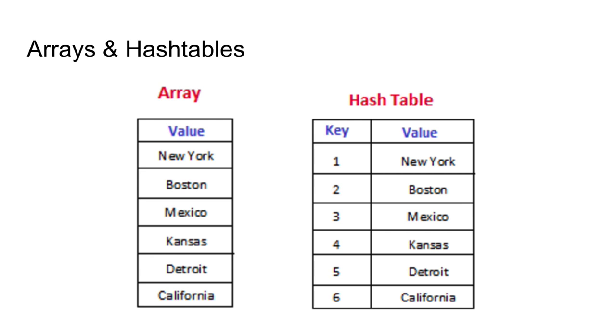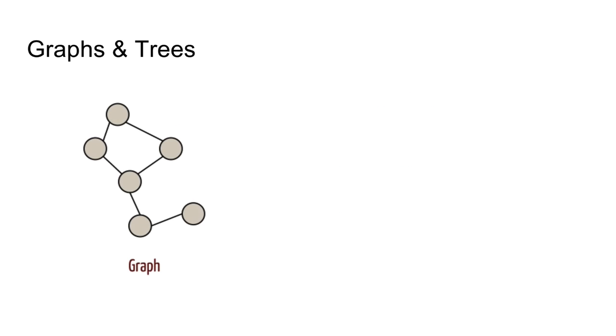A graph is a set of nodes which are connected through edges. Not all the nodes need to be connected. You could have two entirely separate subgraphs, and the edges can be either directed or undirected.